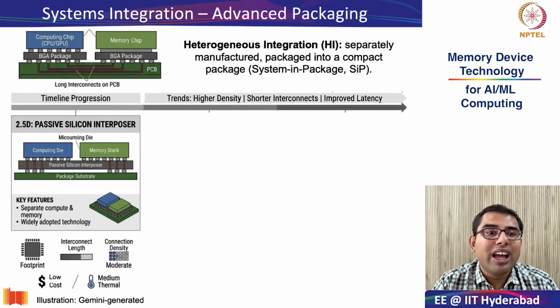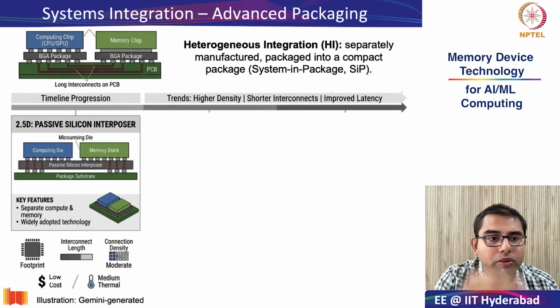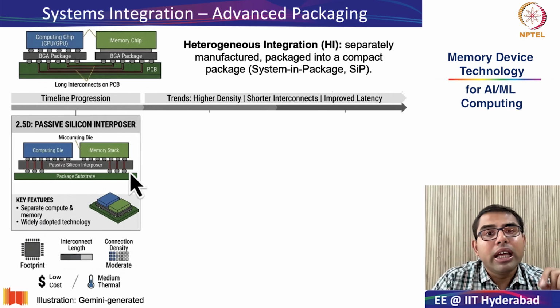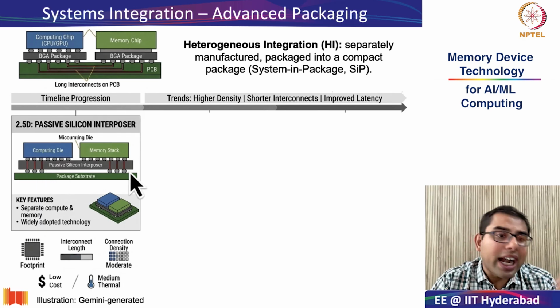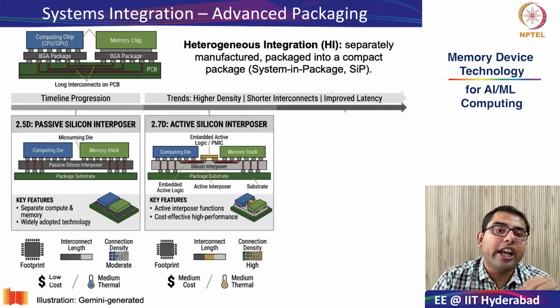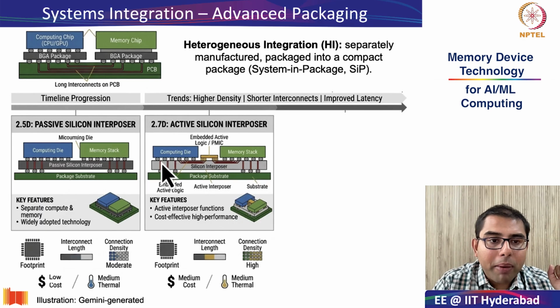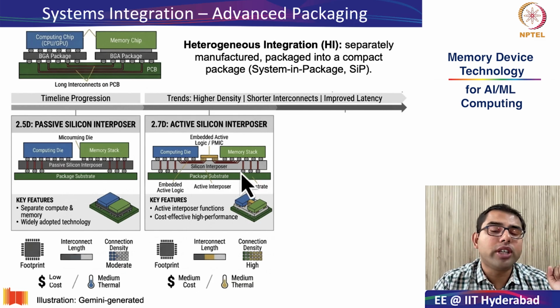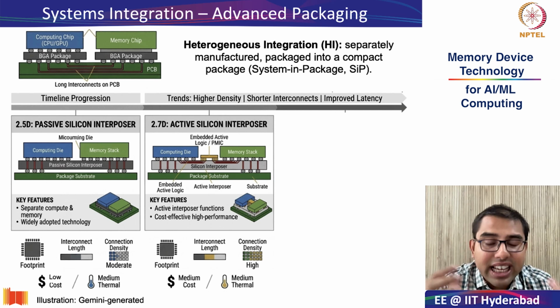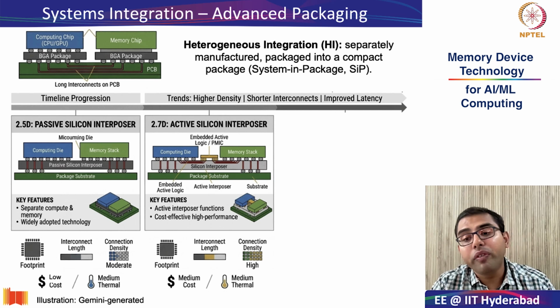So we already looked at 2.5D integration, where this was done using a passive silicon interposer. The latest generation is 2.7D, where you have active silicon interposers. By adding power switches and other active elements within the silicon interposer, you can enhance the functionality of these SiPs and thereby improve the system level performance.